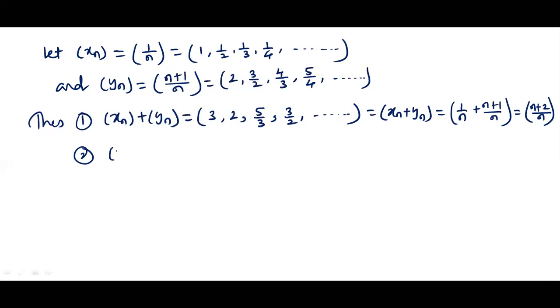Now subtraction of sequence yn from sequence xn is a sequence whose first term is 1 minus 2, minus 1. Then 1 by 2 minus 3 by 2, that is minus 2 by 2, minus 1.